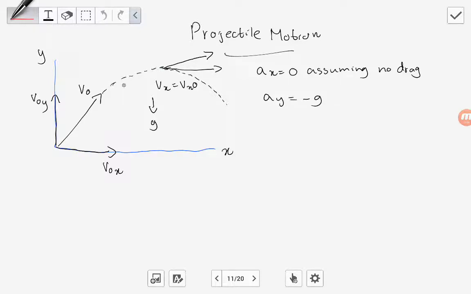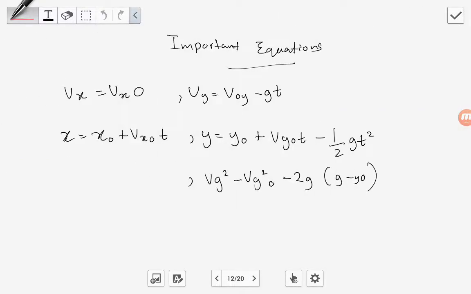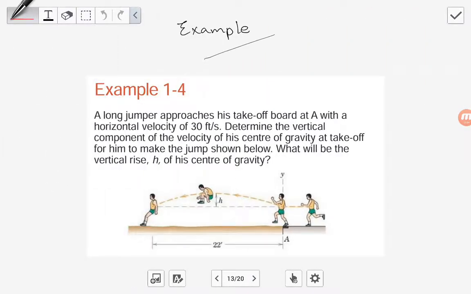If it's projectile motion, the only acceleration acting will be downwards. That's gravity, and there'll be nothing horizontal. And this is the same for basic equations, just in a different way. And the next example is 1.4. I'll give it some time to read.